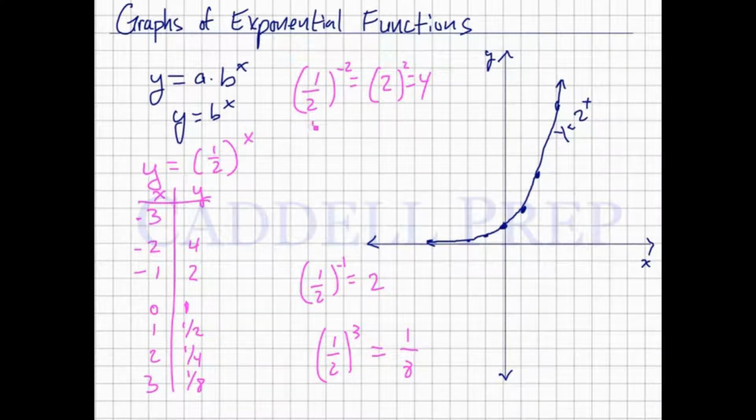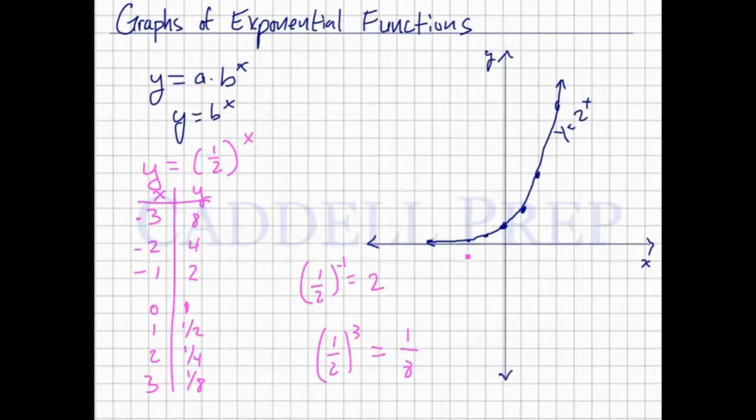And then same thing here, 1/2 to negative 3. The negative means do the reciprocal. So this is going to end up being just 2, but cubed. So we change that to positive, which is 8. Alright, so now let me just erase some of this. And now let's graph these.